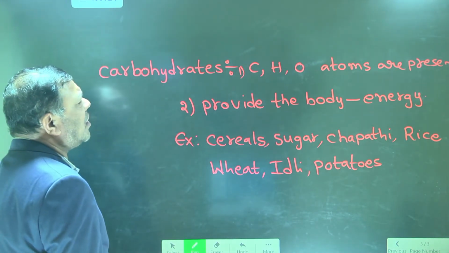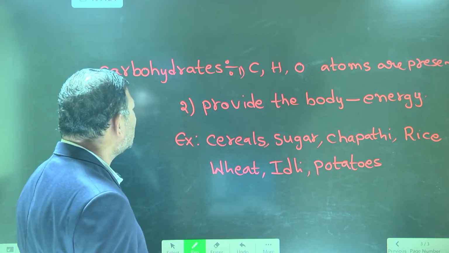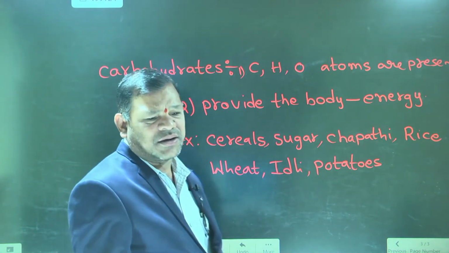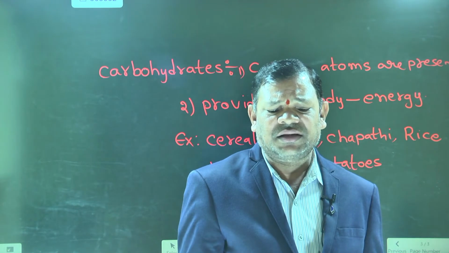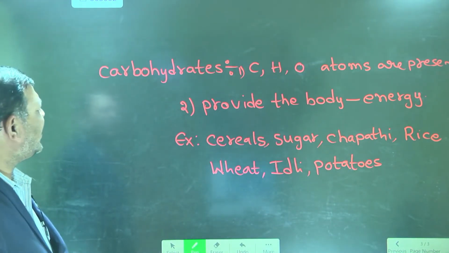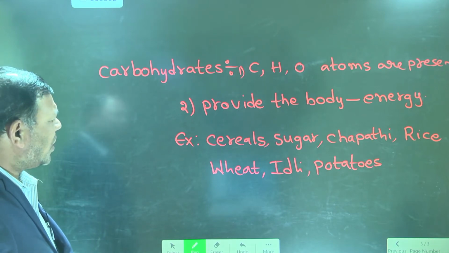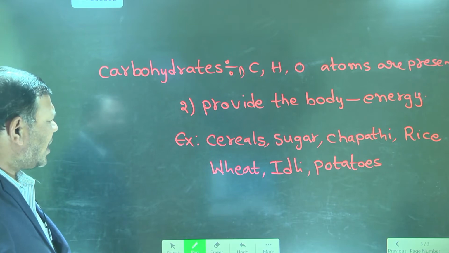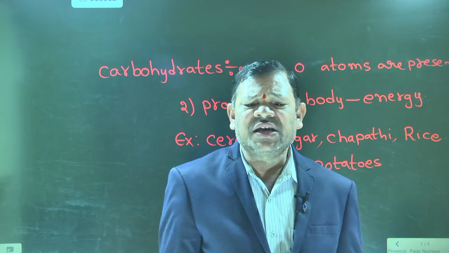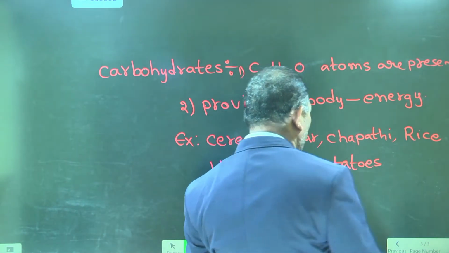Carbon, hydrogen and oxygen atoms are present in carbohydrates. Carbohydrates provide energy to the body of the organism. These are the examples of carbohydrates, and they are the major component of food.